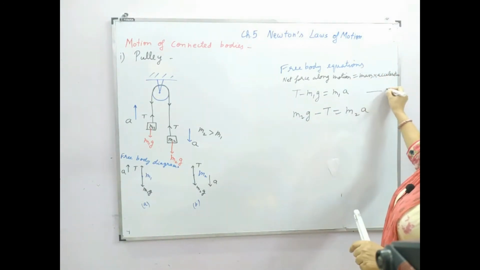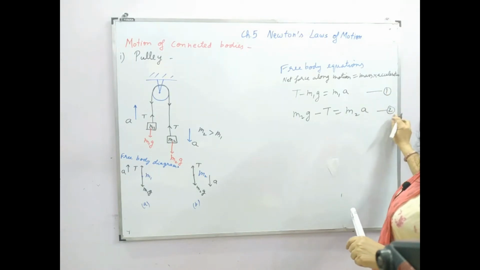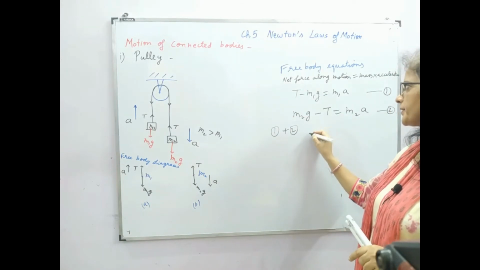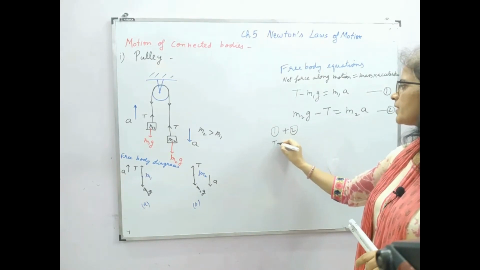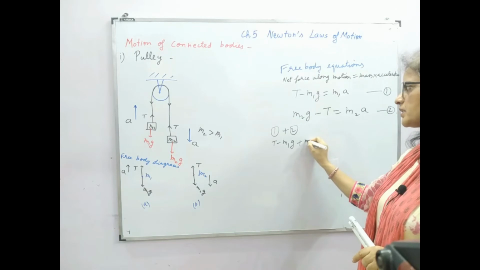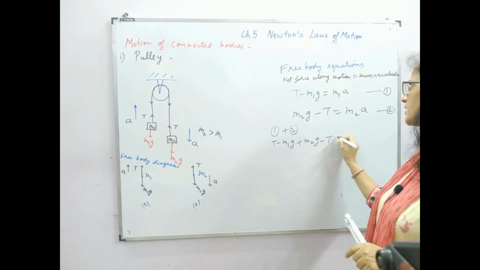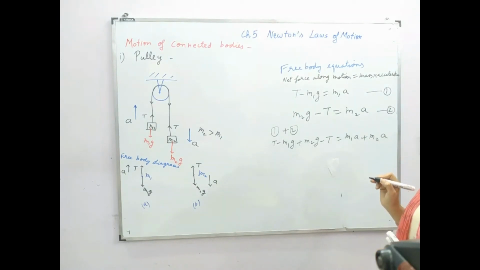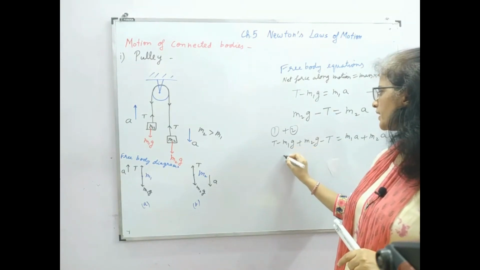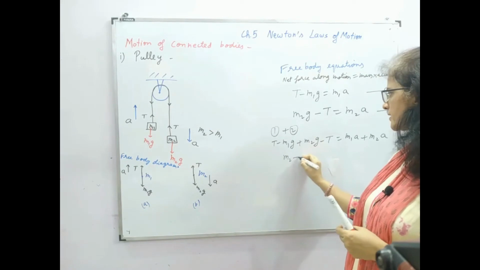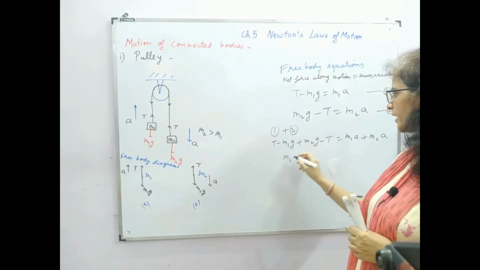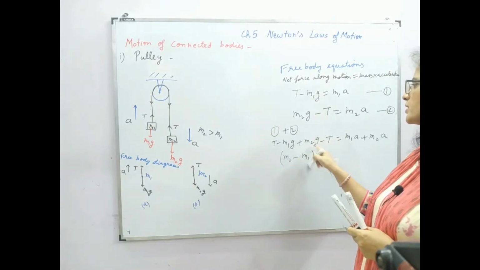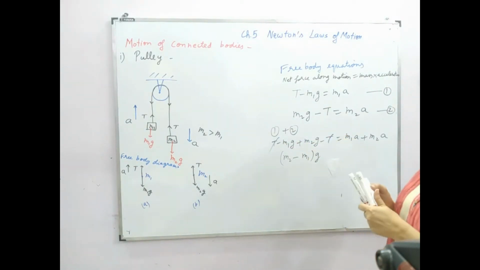So now if I add these two, what will I get? I will get T minus m1g plus m2g minus T is equal to m1a plus m2a. So this will give me m2 minus m1, I can take g common here. Why? Because these two terms were left. The T is cancelled.